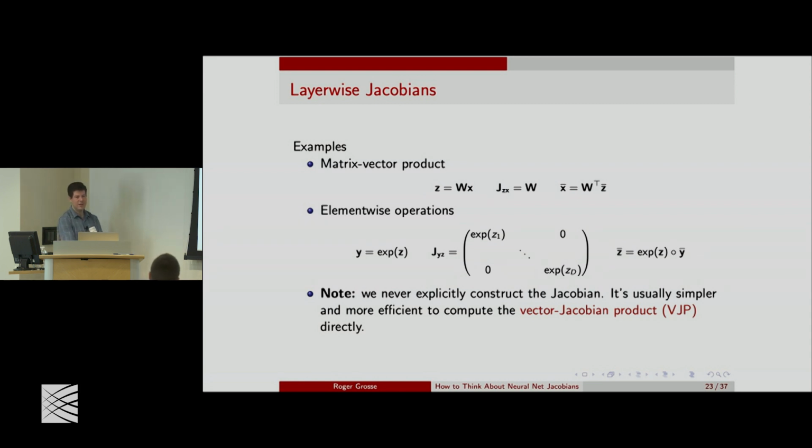And so if you look at how automatic differentiation packages like TensorFlow are implemented, for each of the operations they define, they also define a way of backpropping through it, which is basically a vector Jacobian product. So you just need to define one of these for all the operations that the framework supports.